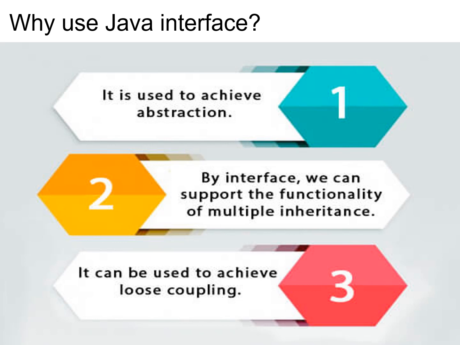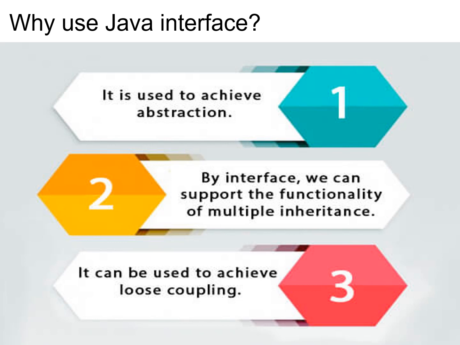The second reason is that by interface we can support the functionality of multiple inheritance. We can only implement multiple inheritance without ambiguity through interfaces. It can also be used to achieve loose coupling.